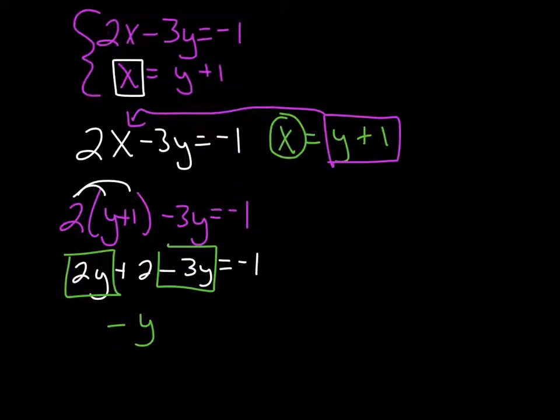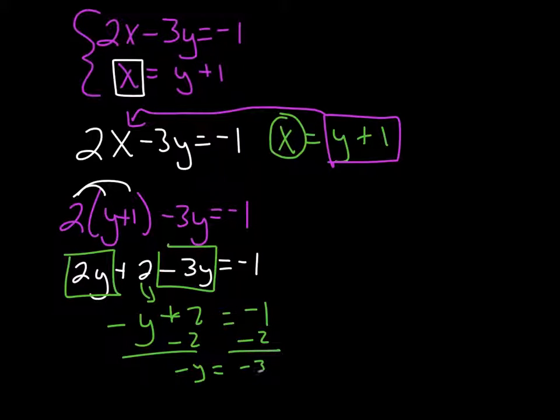Bring down your plus 2, and then equals negative 1. I'm then going to subtract 2 from both sides. I get negative y is equal to negative 3. Now remember, you have a negative y. You can't have a negative y, so I'm going to multiply both sides by negative 1.